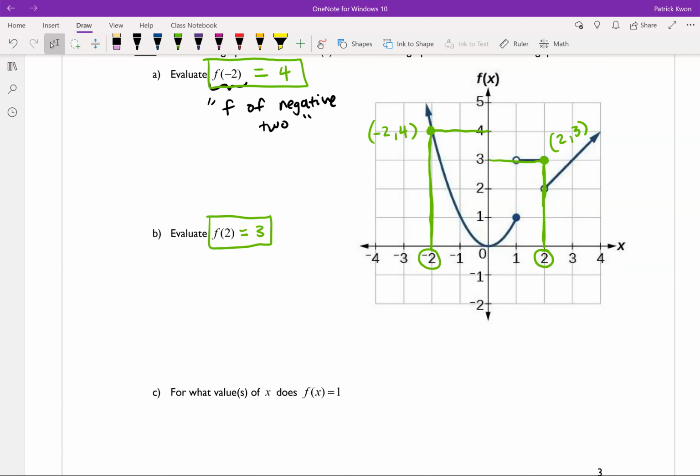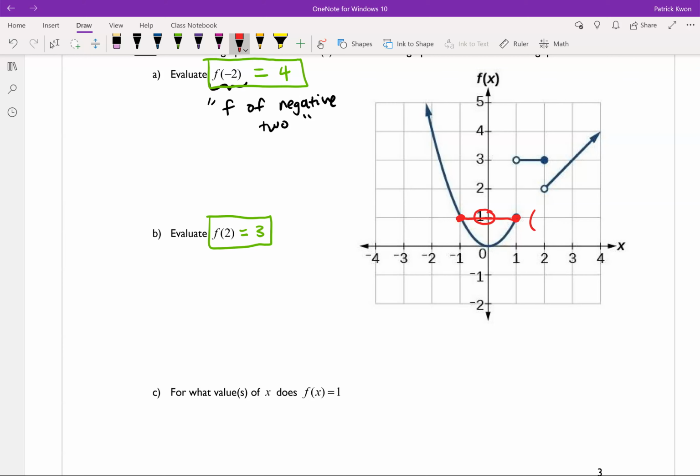Part C says, for what value or values of x does f of x equal 1? All that basically says is what x values or what input values produce an output value of 1. So let's look at our output value of 1. That's occurring at this point on our graph here, and also at this point on our graph here.